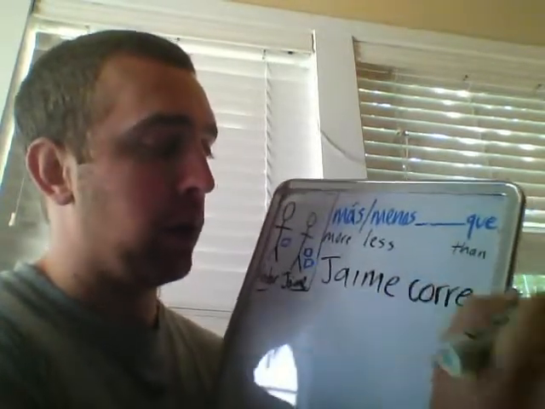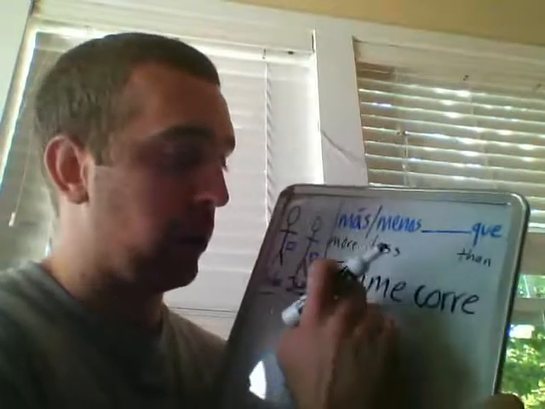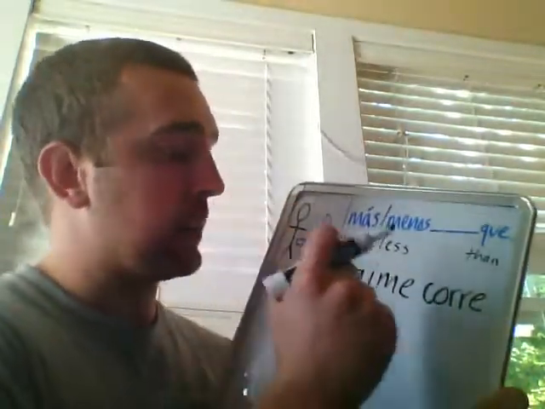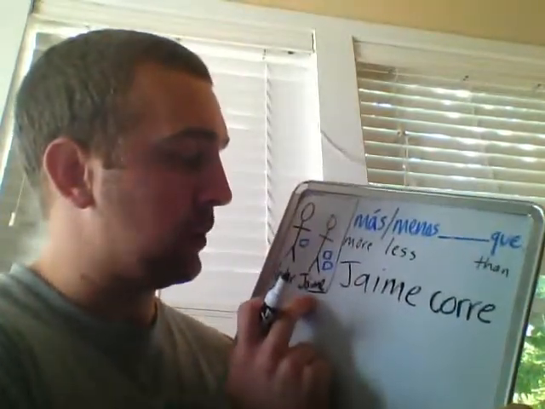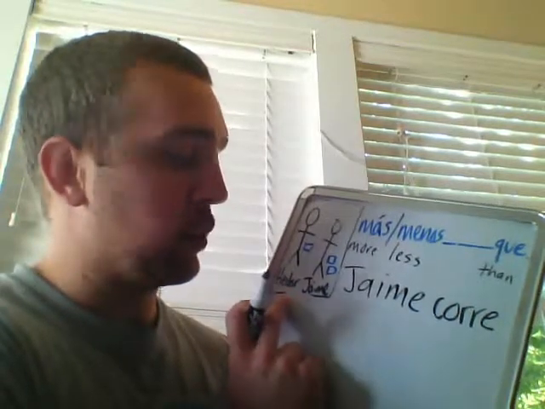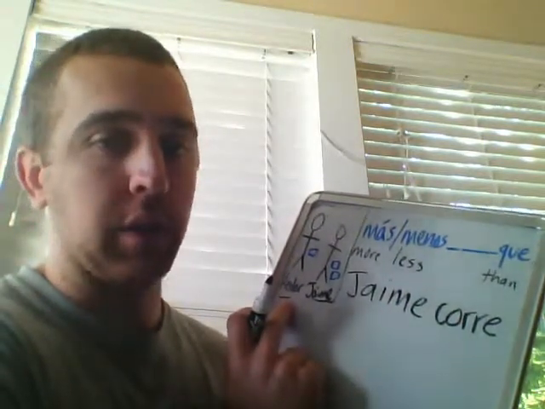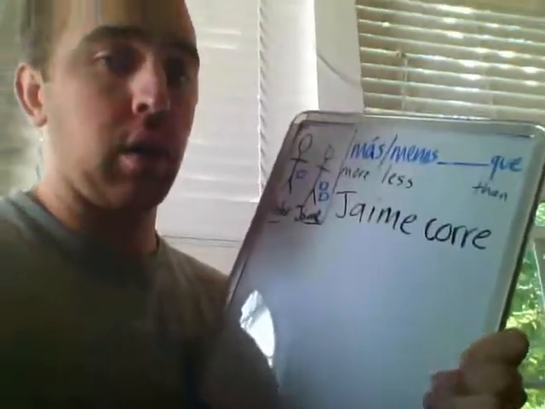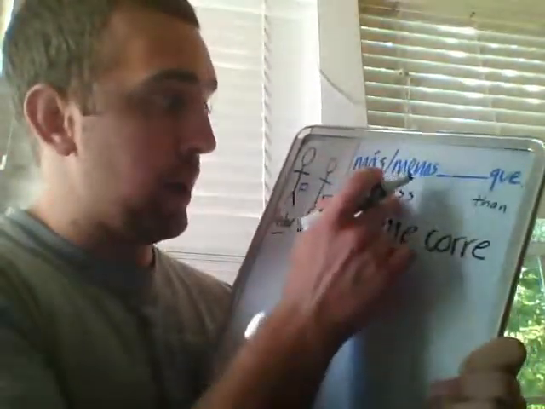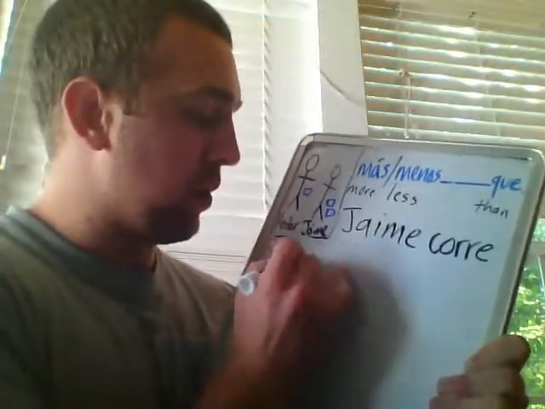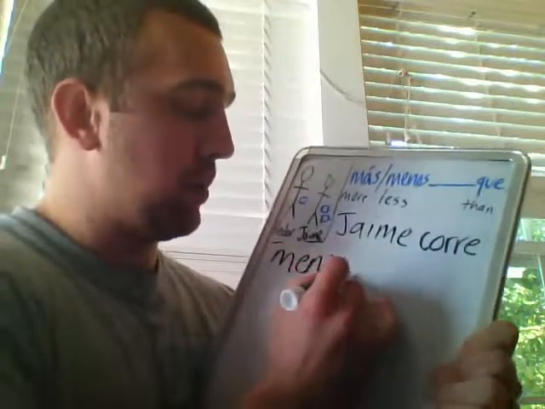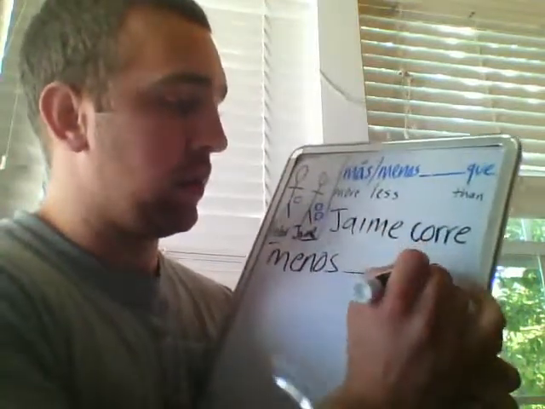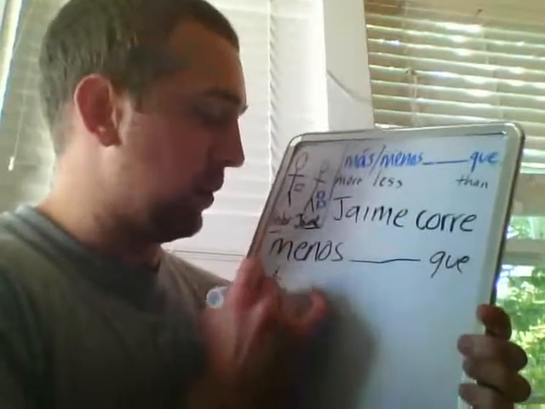So, Jaime, the verb to run is correr. And it's going to end with an E if we're describing a dude like Jaime. And let's say Jaime runs less quickly than Hector does. So, Jaime corre. We're going to use menos for less. Corre menos blank que Hector.